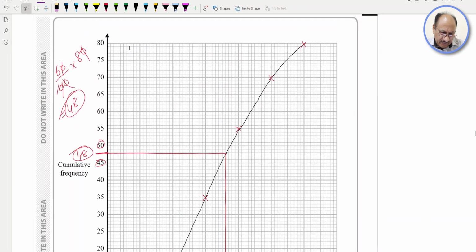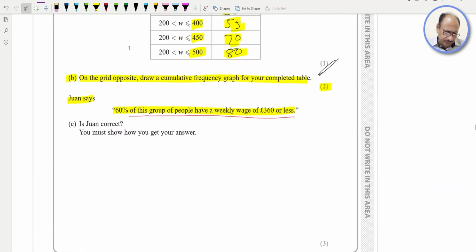So we can say that for the C part, Joan is incorrect, because it's not 360. She's telling us 60% is 360, but we got 380.